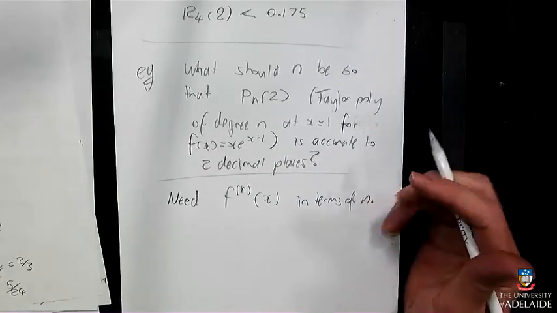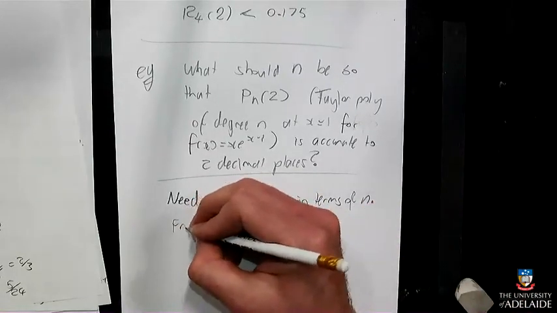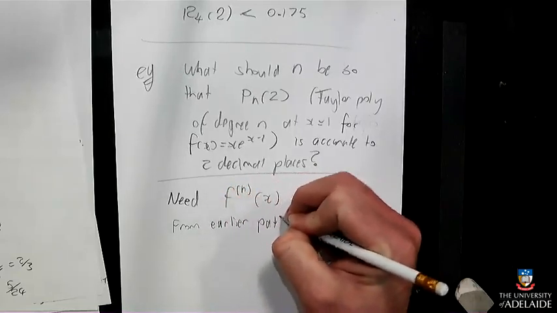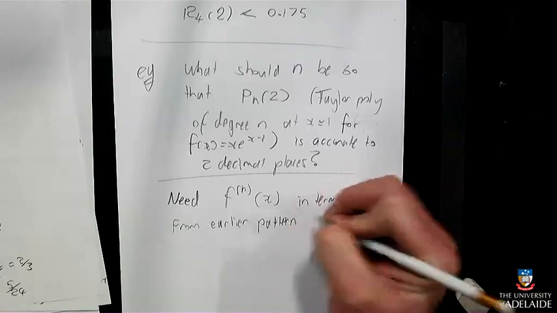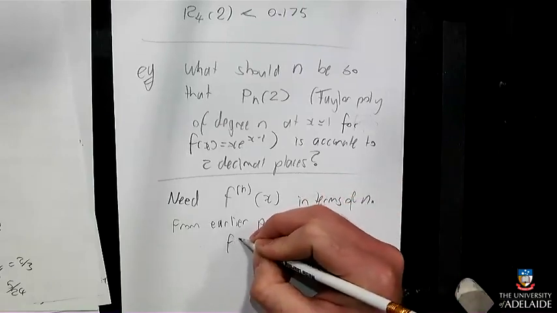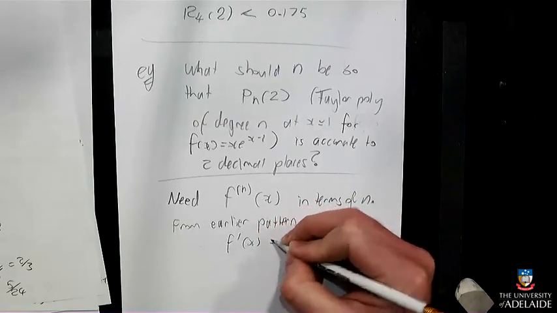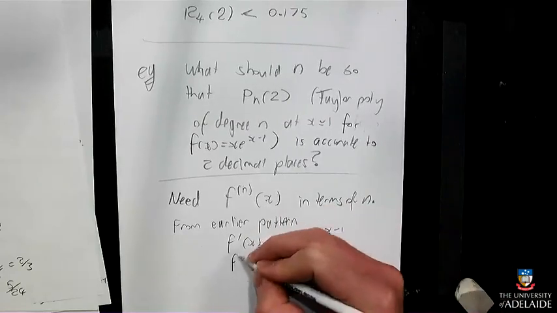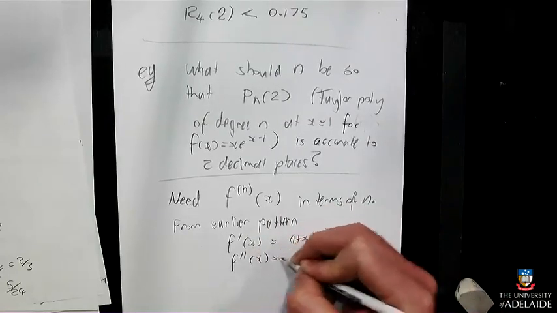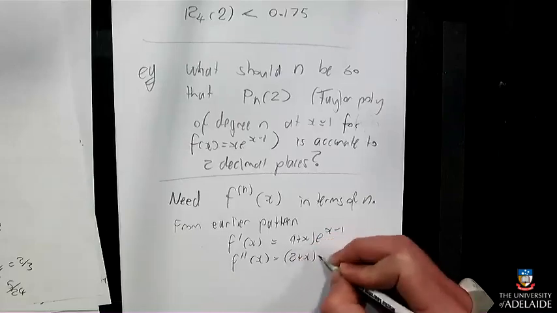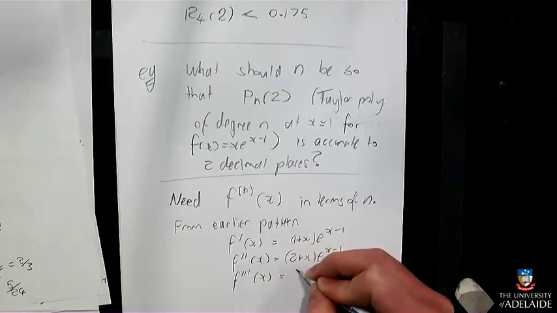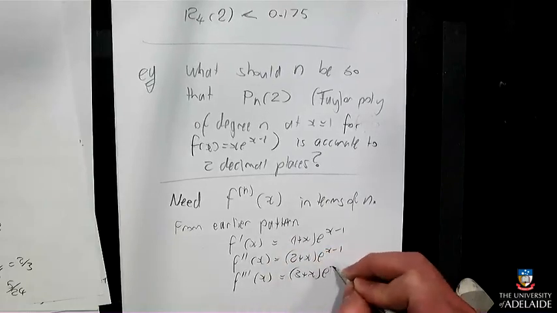We already had, from the earlier pattern, we saw that f dashed was 1 plus x, and f double dashed was 2 plus x, and f triple dashed was 3 plus x.